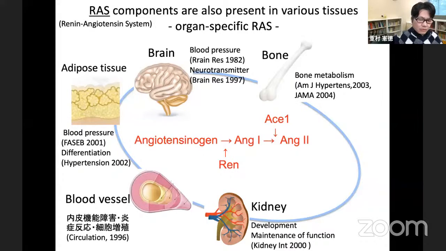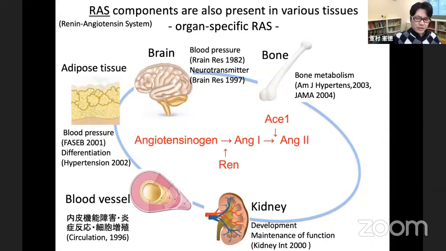It's now recognized that various tissues have an organ-specific RAS. For example, RAS components, renin, angiotensinogen, and ACE1, are expressed in the kidney.